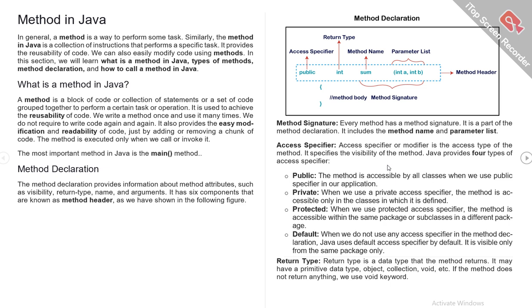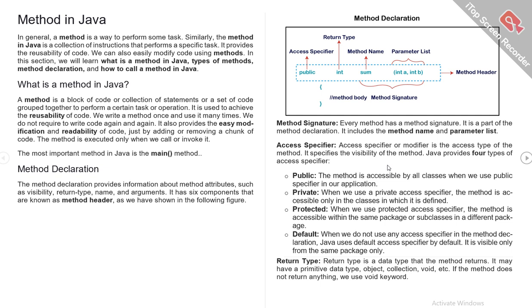First, public. The method is accessible by all classes when we use the public specifier in our application. Private. When we use a private access specifier, the method is accessible only in the class in which it is defined. Protected.